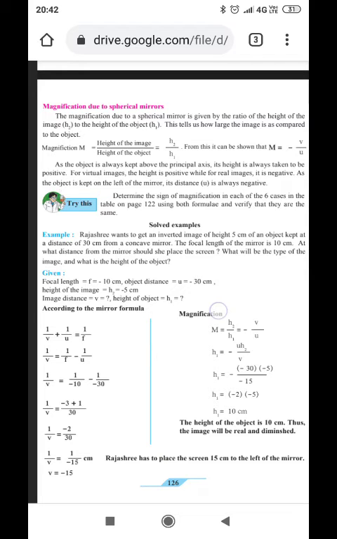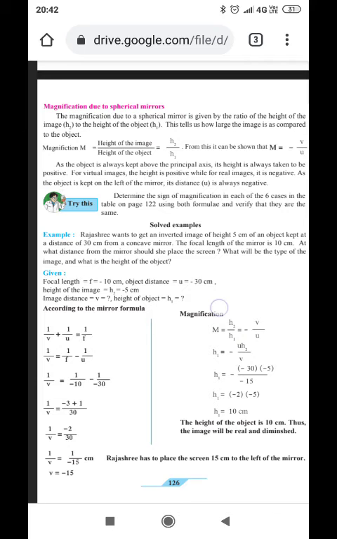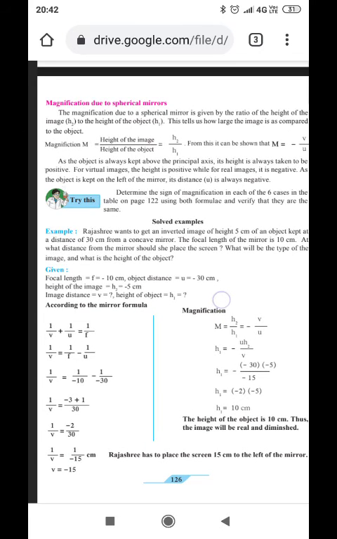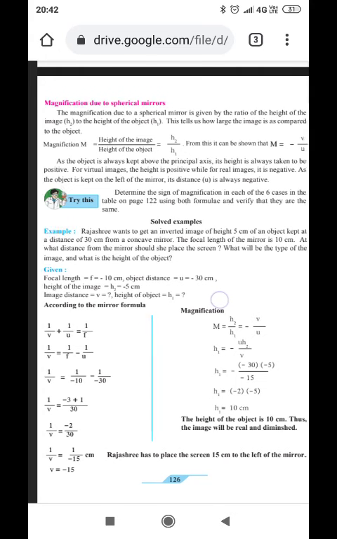So one is positive and one negative, and therefore the overall sign of this formula is minus v upon u. As the object is always kept above the principal axis, its height is taken to be positive. For a virtual image, the height is positive. For a real image, it is negative. As the object is kept on the left of the mirror, the distance u is always negative.